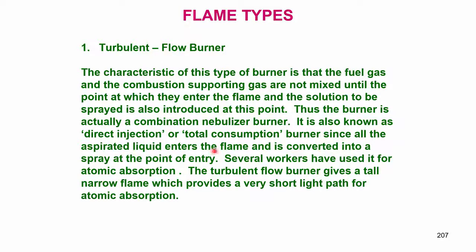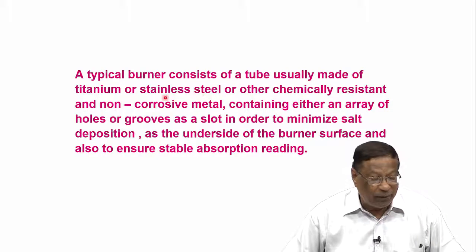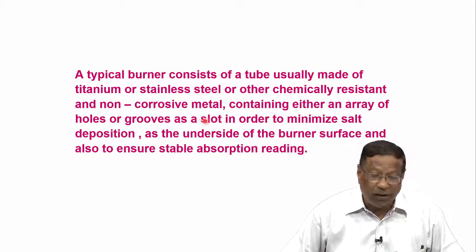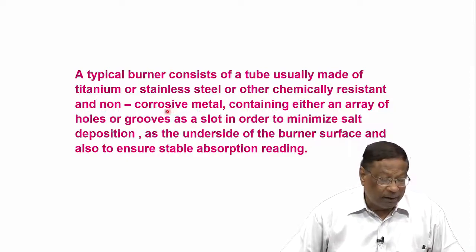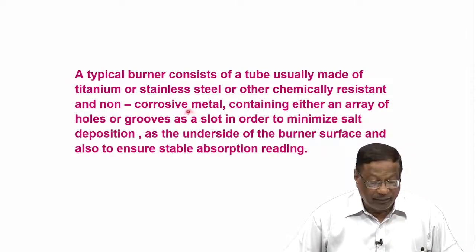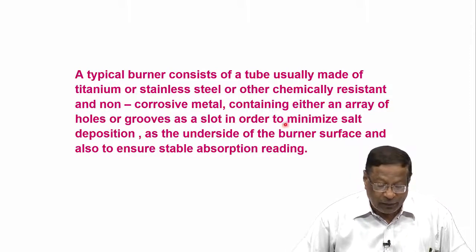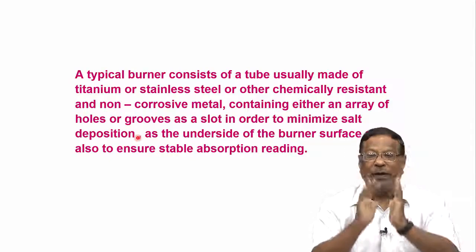Since all the aspirated liquid enters the flame, there are certain disadvantages. A typical burner consists of a tube usually made of titanium or stainless steel or other chemically resistant and non-corrosive metal. They contain either an array of holes or grooves as a slot in order to minimize salt deposition, because everything is coming into the burner.